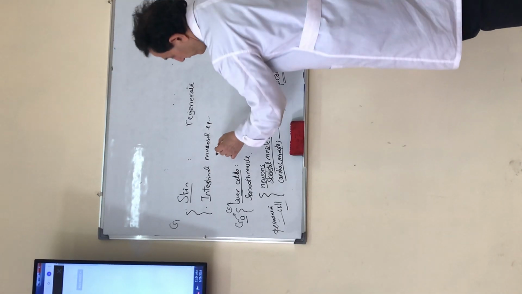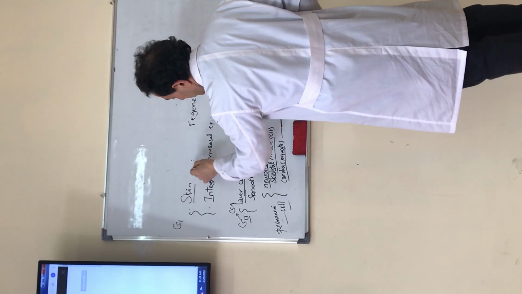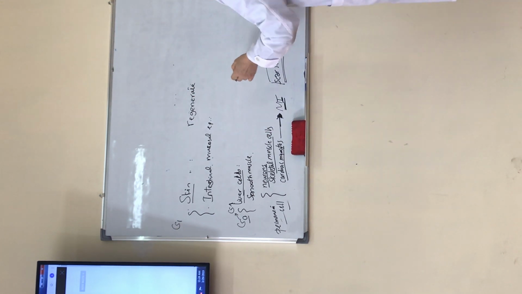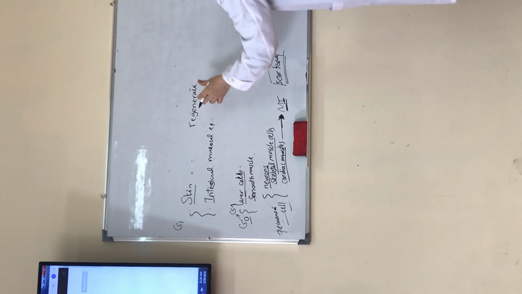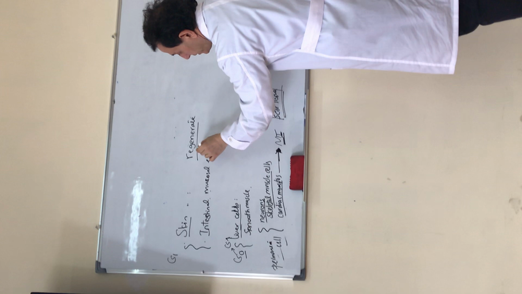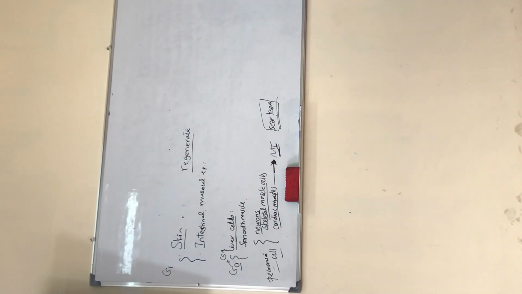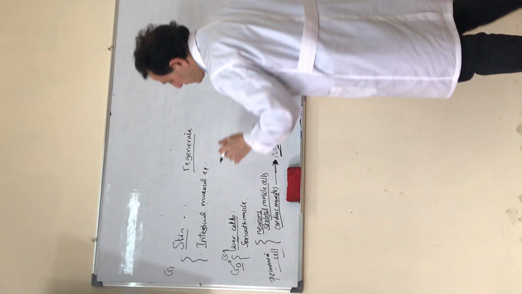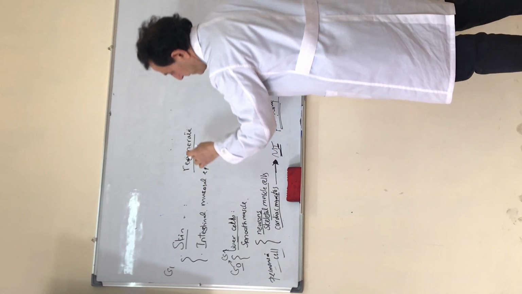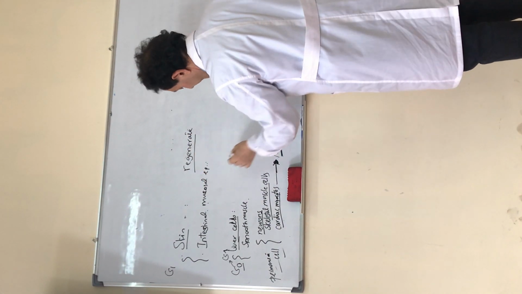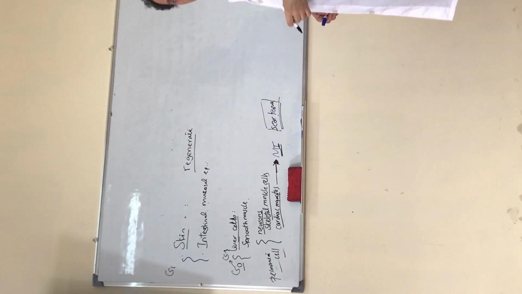But if these cells that regenerate easily are injured, most of the tissue is fully regenerated, and the scar tissue is very little. If the type of injury is mild and not deep, all the tissue can be regenerated.